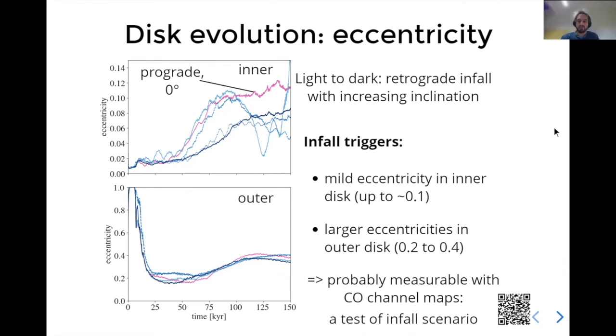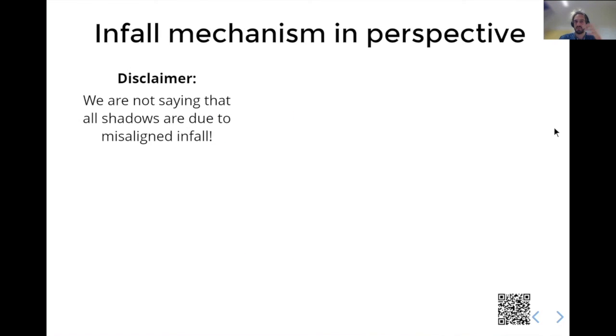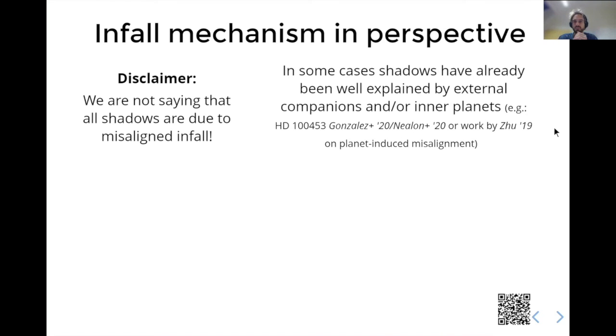That brings me to a disclaimer as well. This was a way of saying you can form these misaligned systems, you can form an outer disk around an inner disk, but what we are not saying is that all shadows are due to misaligned infall. In fact, there are a number of cases that have been explained already through other mechanisms, for example HD 100453, and I think there's also a poster here by Rebecca Nealon.